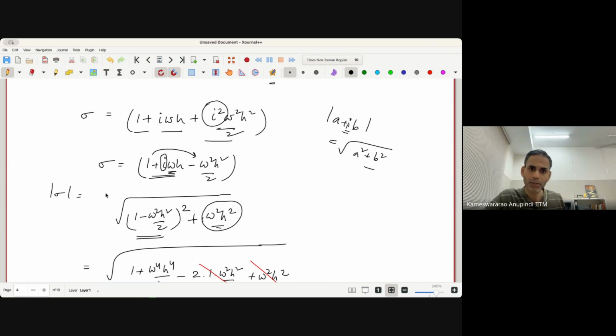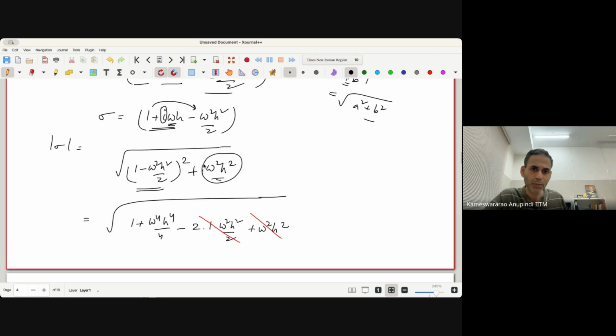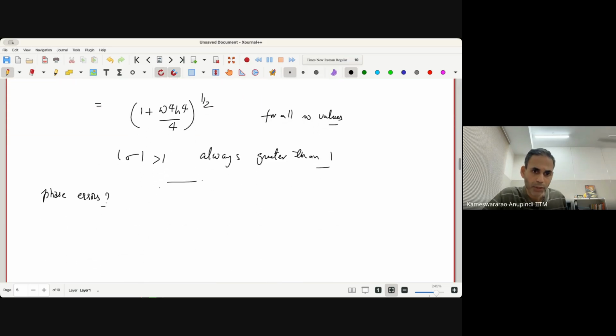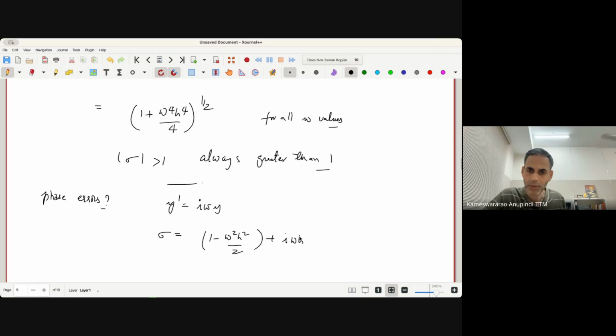So I can go back to this equation, sigma equals 1 plus omega h minus omega squared h squared by 2. We are trying to solve y prime equals i omega y, and sigma is 1 minus omega squared h squared by 2 plus i times omega h.